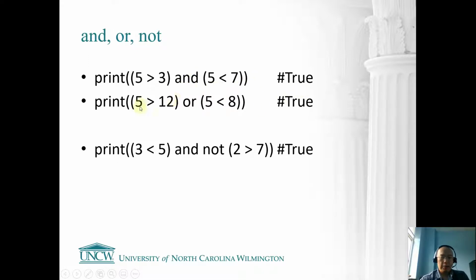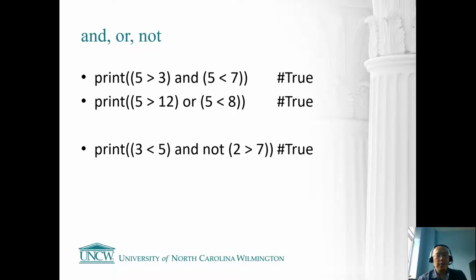And how about the second one? 5 greater than 12 or 5 smaller than 8. The first operand, 5 greater than 12, is a false, and 5 smaller than 8 is a true. So false or true. For the or operator, as long as we have one true, that is a true. So the second one is also a true.